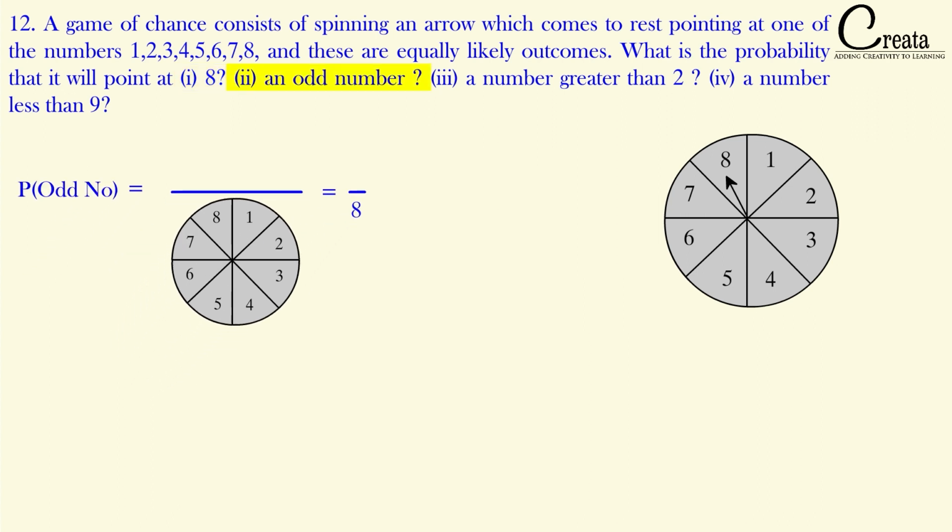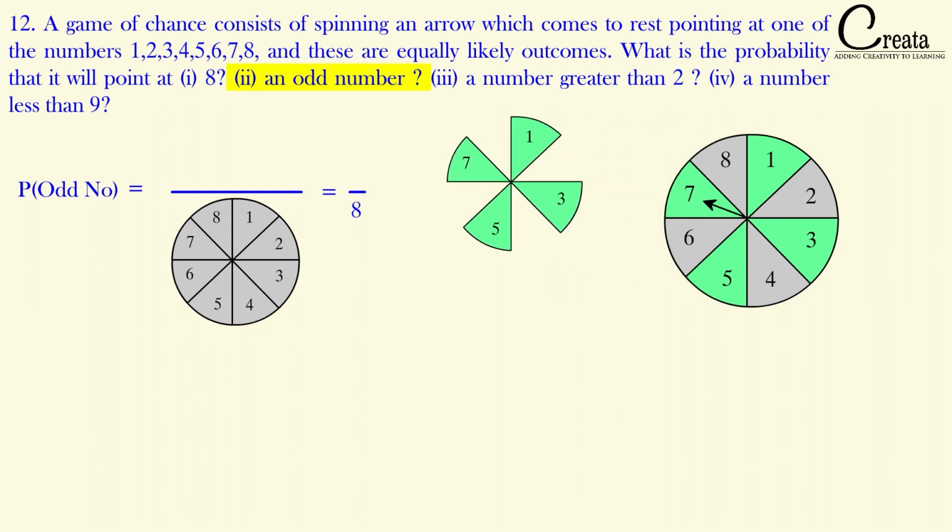Let's move to the second part, an odd number. What is the probability that the arrow will rest at any of the odd numbers? Let's try to identify the odd numbers. In this, the odd numbers are 1, 3, 5 and 7. We are having total 4 odd number segments.